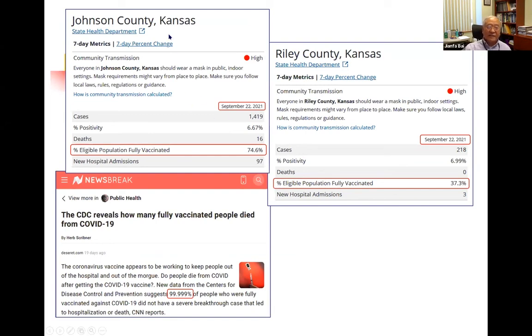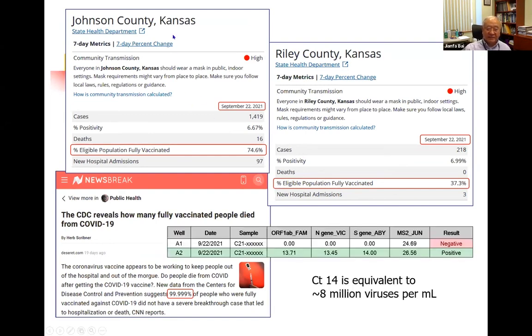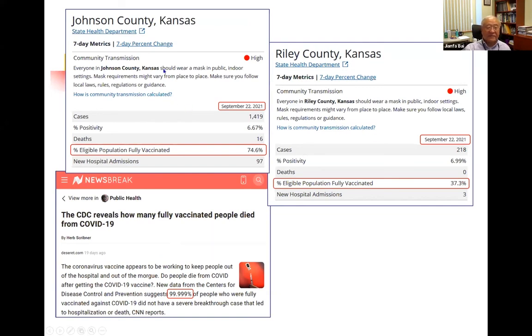So when you look at this CDC data here, sorry, I should take out this one first. Johnson County is one of the counties in Kansas that has the highest vaccination rate, 74.6%. And this is today's data, which I got this morning. I was really surprised to see Riley County, where K-State is located.